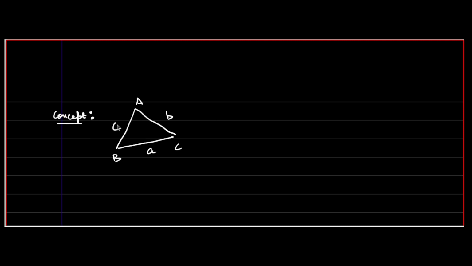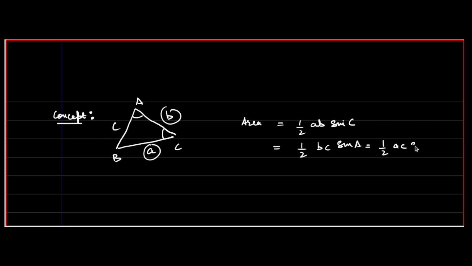If we are given sides a and b and angle C, the area of the triangle can be written as half ab sin C. If b and c are given, we can write half bc sin A. Or if we are given a and c and angle B, we can write the area like this. So it all depends on two sides and the angle between them.